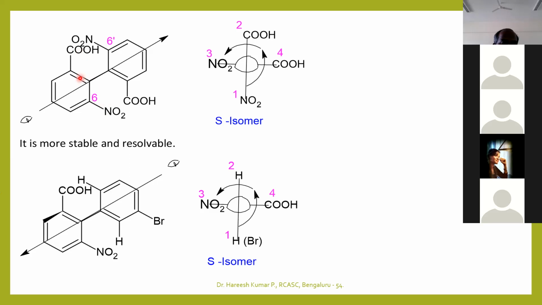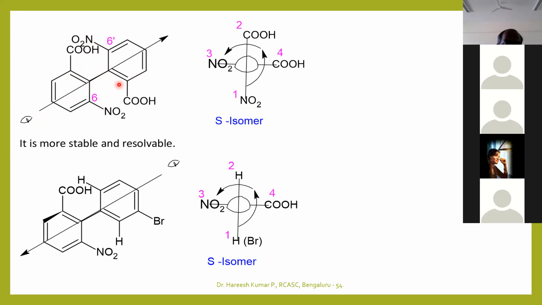And one more thing, you need to assign that these two groups are the nearer groups. That is the reason they take the priority. And when you are viewing from here, these groups are vertical groups. So COOH is on the top, NO2 group is on the bottom. So there is a thick line one.